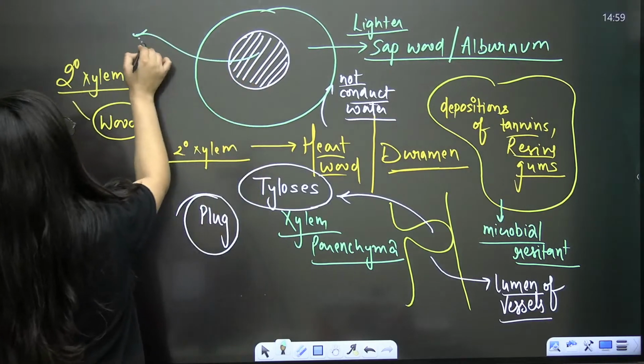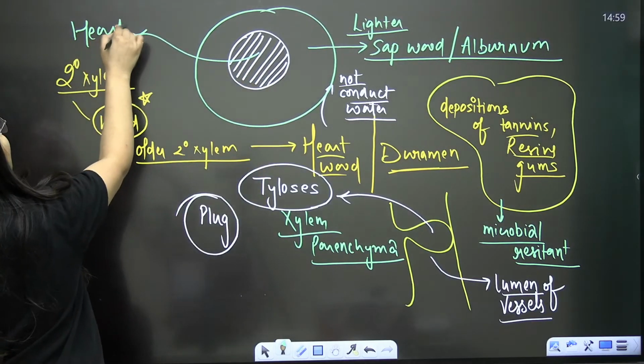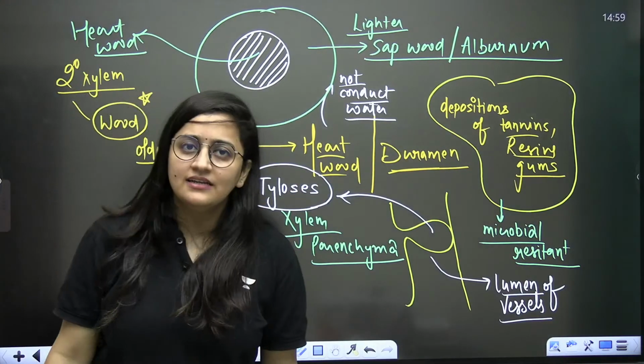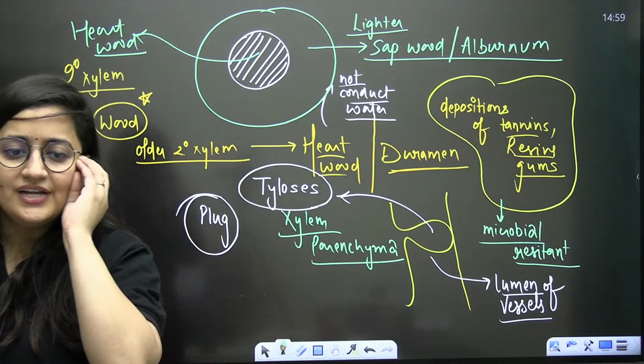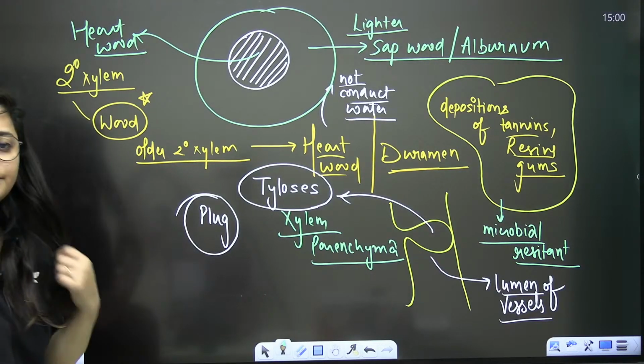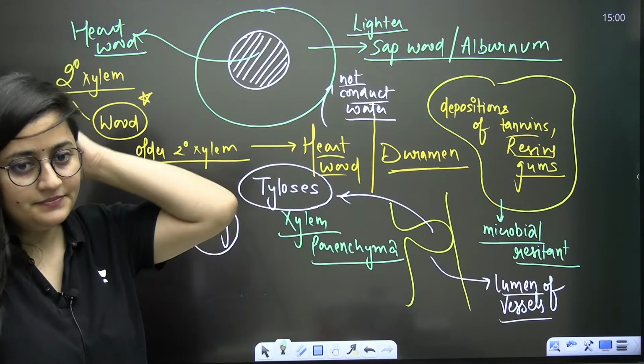So in the center you will have heartwood, then in the periphery you will have sapwood, which is lighter in color. There is no deposition, so it is meant for the water conduction. Any doubt? Sure?